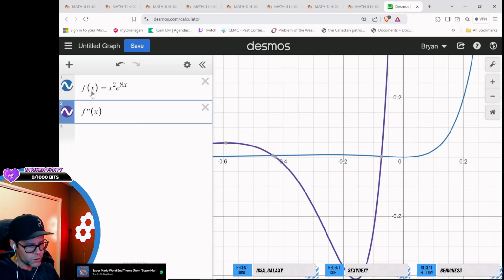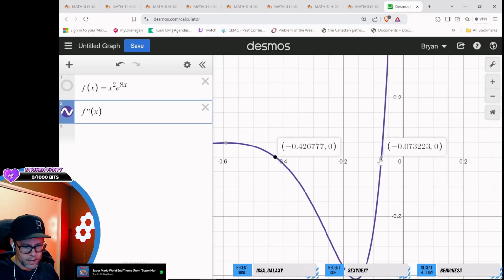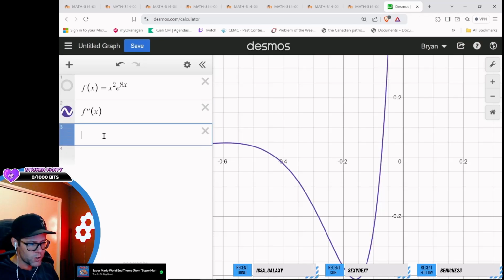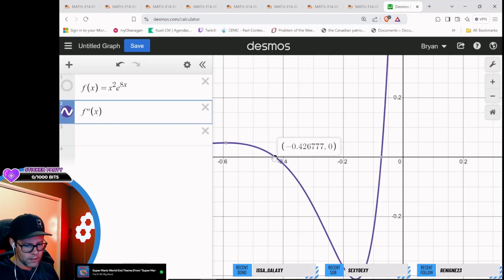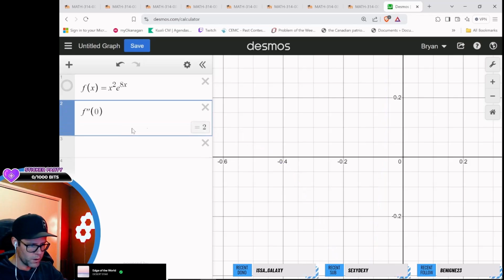We found our 2 critical points here and here. The 2 critical points of the second derivative are going to tell us the inflection points of that original function. We need to evaluate at values that are somewhere in between. So all I really need to do is evaluate at, say, 0 was one that we wanted, which is 2.